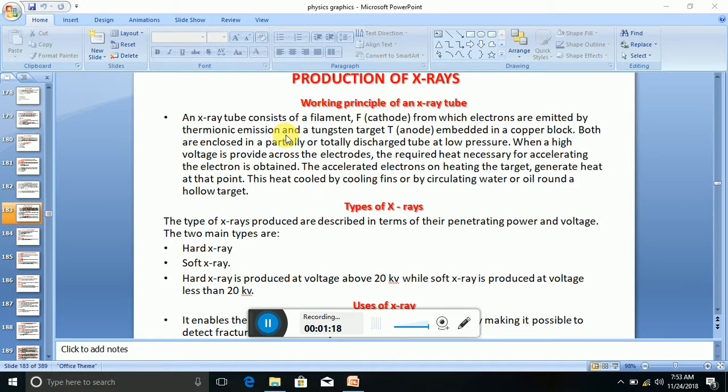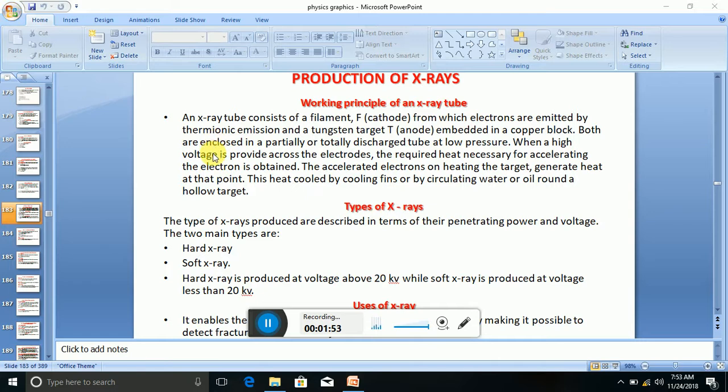Now, an X-ray tube consists of a filament F, which is the cathode, from which electrons are emitted by thermionic emission, and a tungsten T, which is the anode, that is the side that is receiving the electrons, embedded in a copper block. Both are enclosed in a partially or totally discharged tube at low pressure.